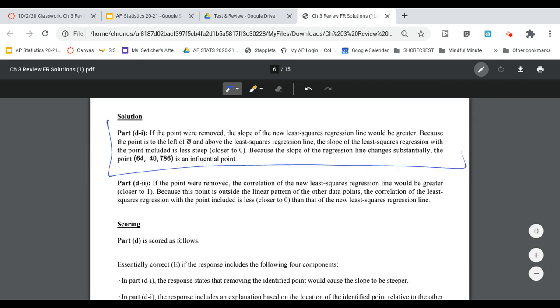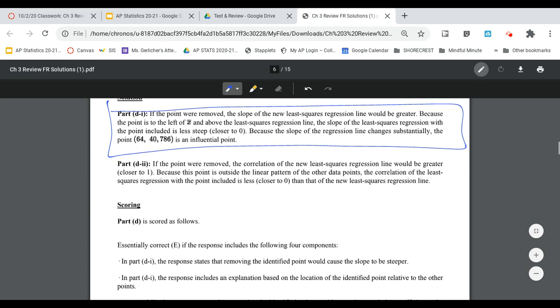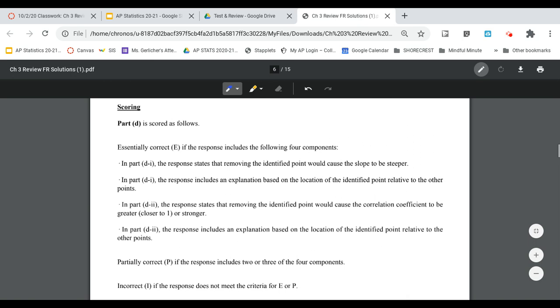Okay, so here's their official solution. But let's go down to the scoring. So to be essentially correct, you need to say that the slope would be steeper, or you could say higher number, and an explanation based on the location of the identified point relative to the other points.